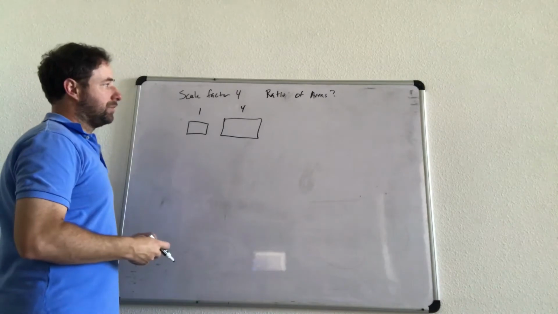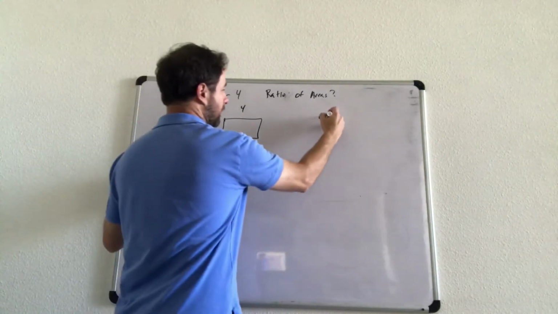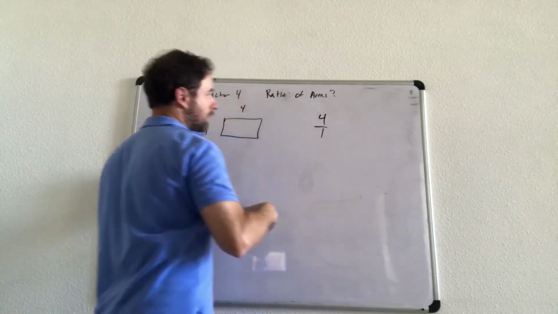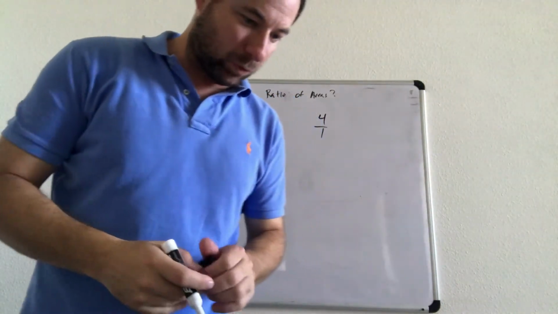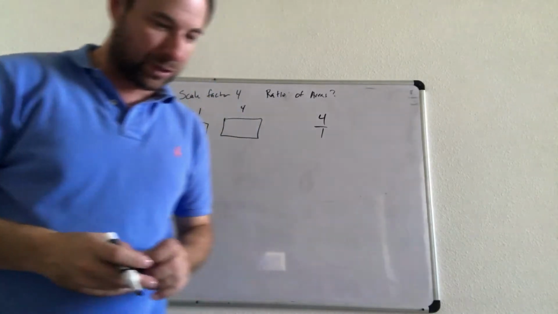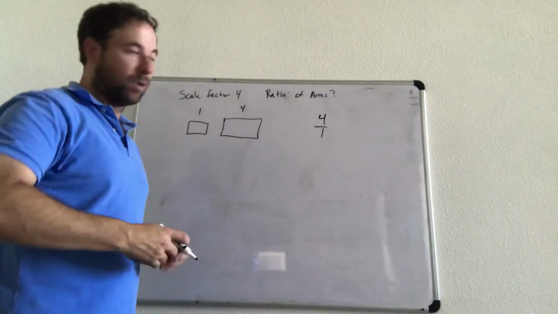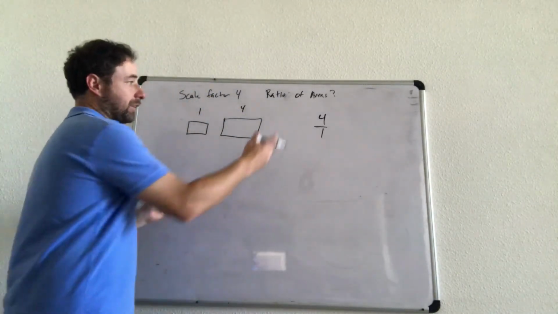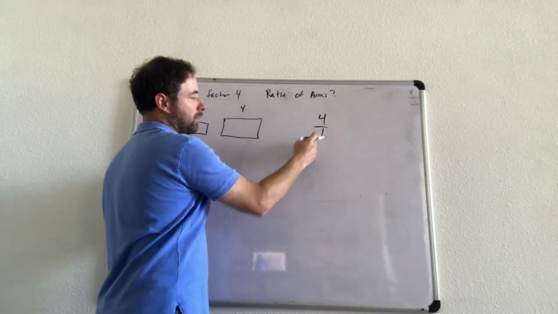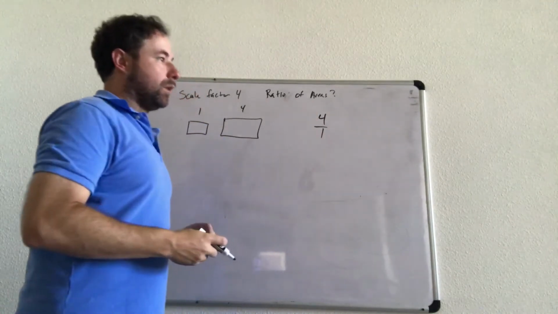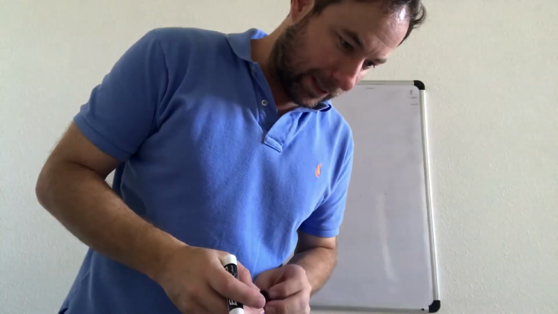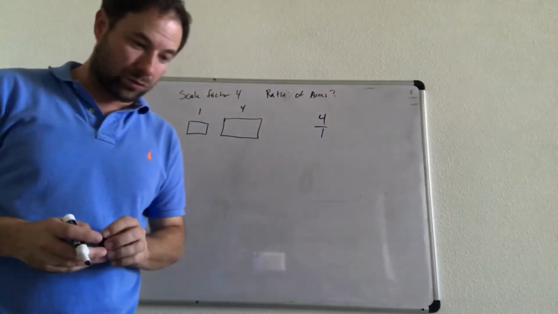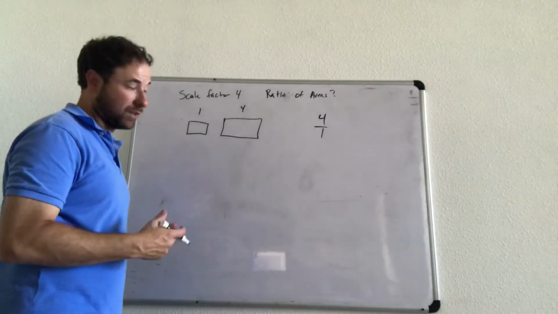And so what's the ratio of the areas? Well, the ratio is 4 to 1 of what it is already. And it doesn't even tell us which one is to go first, so you would be right either way that you did it. But if the scale factor is 4 to 1, what are their areas? It says 2 rectangles, but the scale factor for area is actually a square.